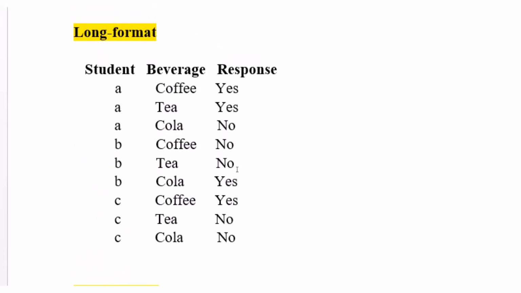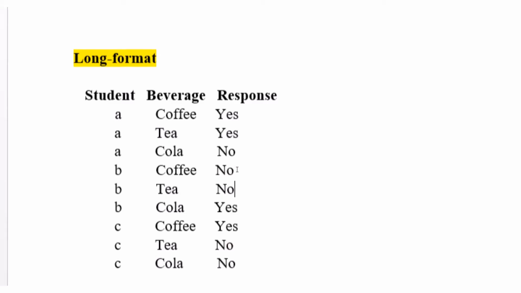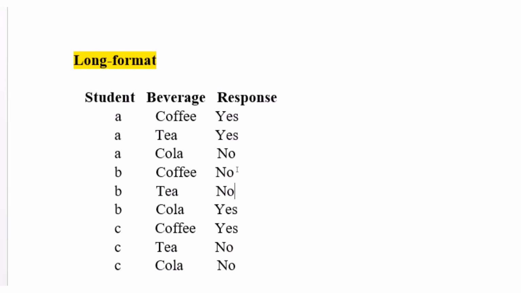So what happens is that with longitudinal data, the measurements, in other words the data, is usually collected in a repeated manner for the same subjects most of the time.